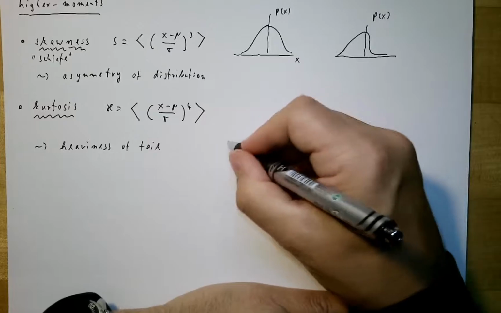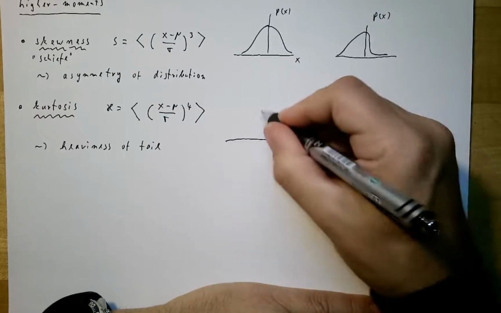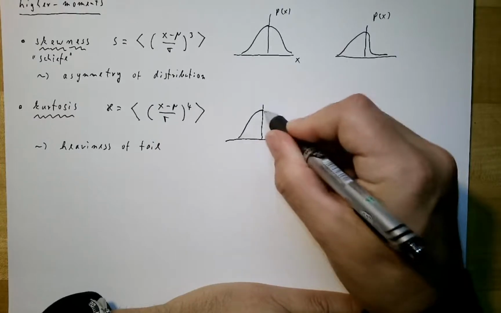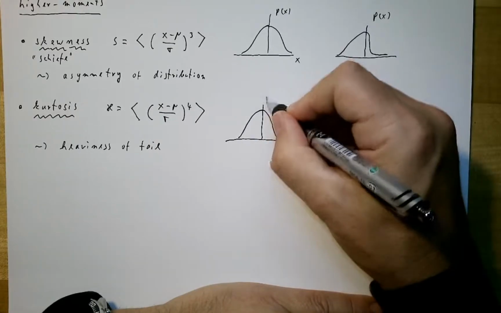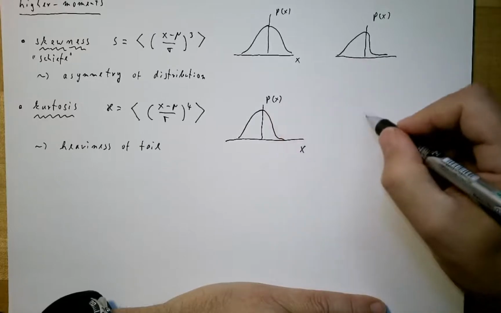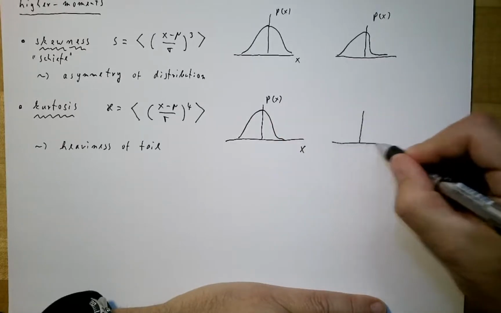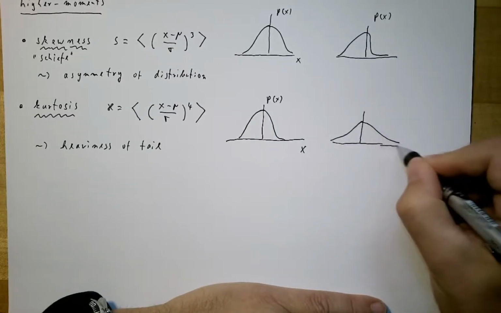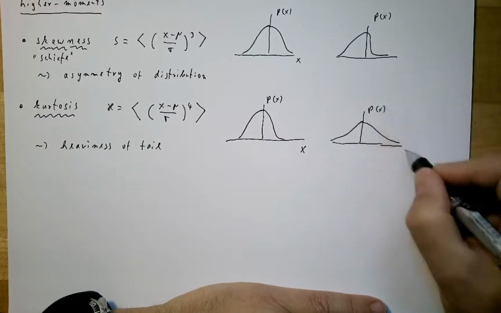So let's say we take as reference again a Gaussian P of x, and now if we have a distribution which has a longer tail, then we have some kurtosis.